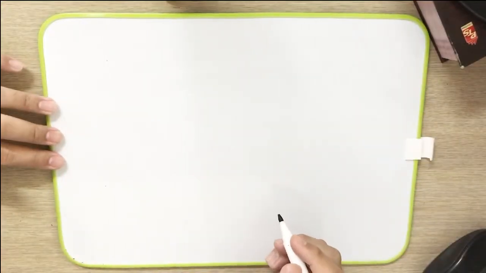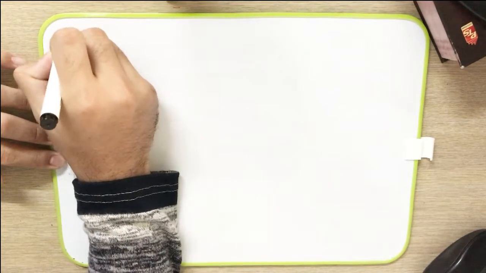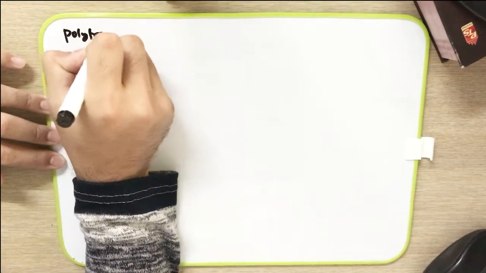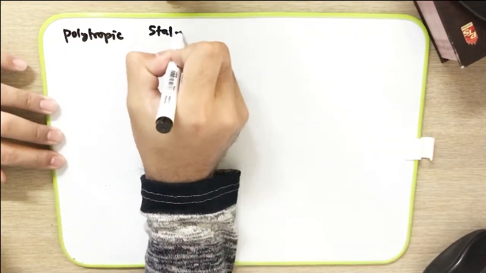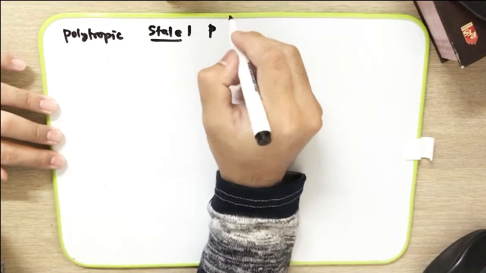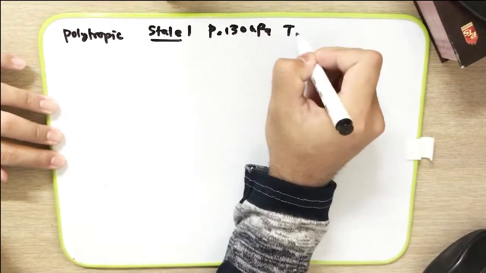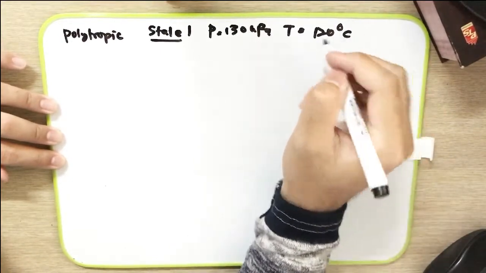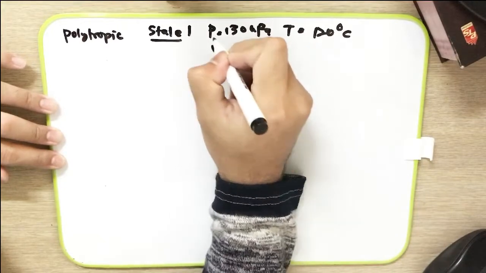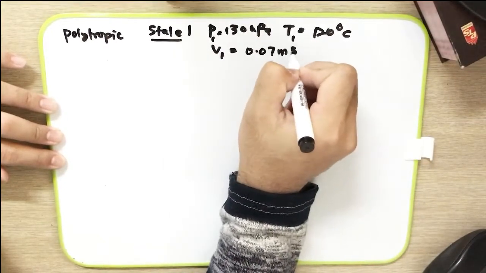For this question, we know that the nitrogen inside the piston cylinder is expanded polytropically, so the process here is polytropic. From state 1, pressure is 130 kilopascal, the temperature is 120 degrees C, and the volume is 0.07 meter cube.